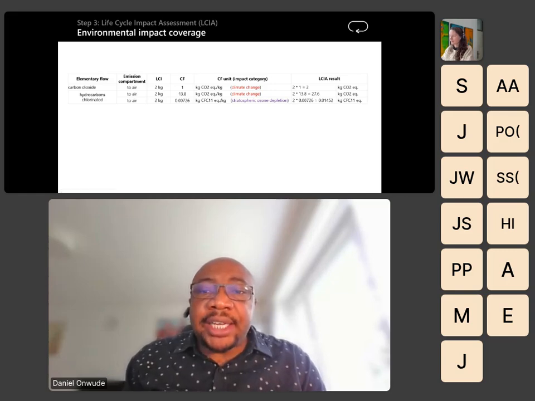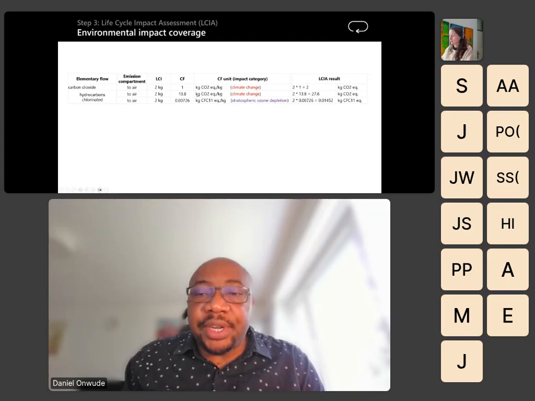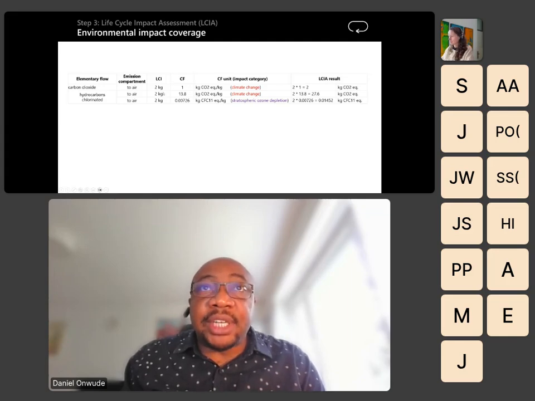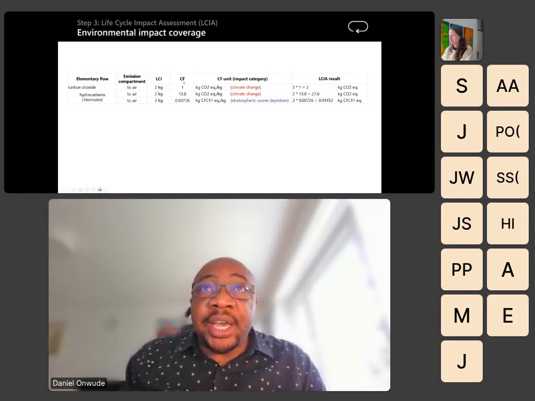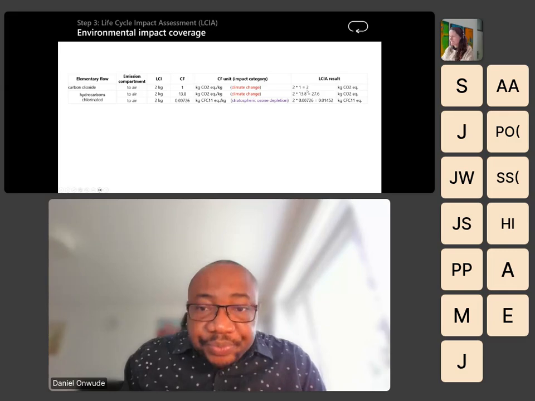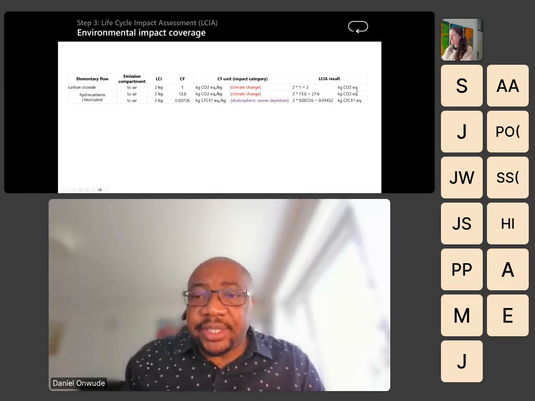Then we apply the characterization factor that expresses how much each of the substances contributes to the specific impact category, right? So, for instance, we have 2 kilograms of CO2 with a characterization factor of 1 gives us 2 kilograms of CO2 equivalent, right?